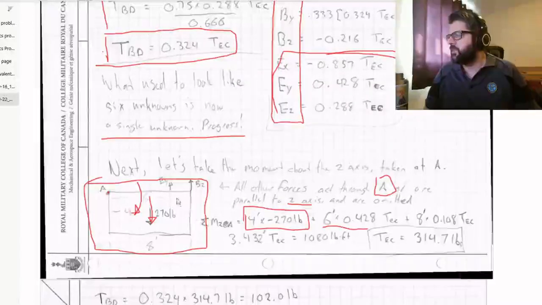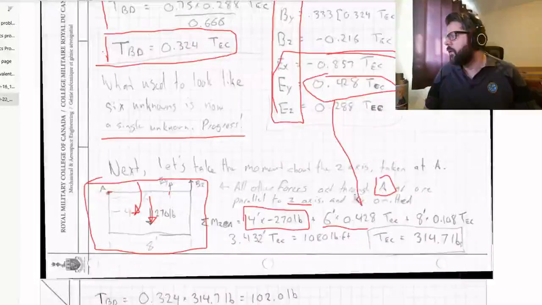Got the 6 feet from A to EY times the magnitude of EY, which we're just pulling from here. So that gets plugged into there. And then we got the 8 feet from A to B times the magnitude of BY pulled from there.